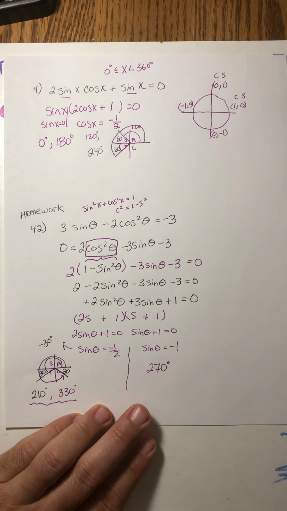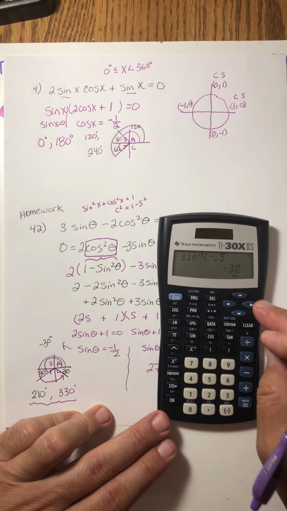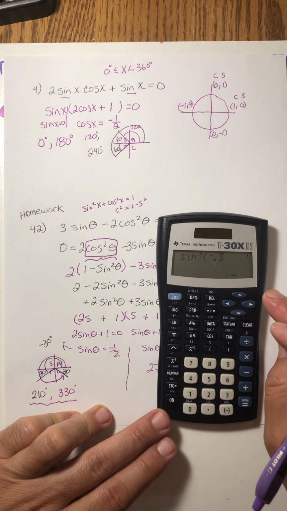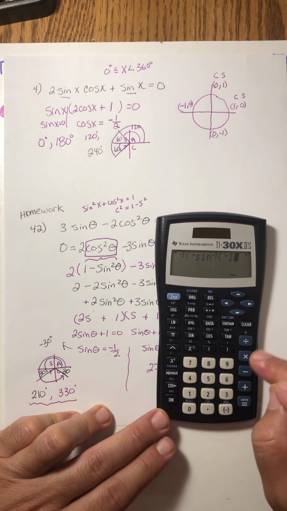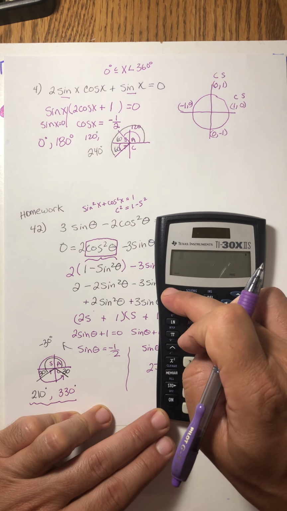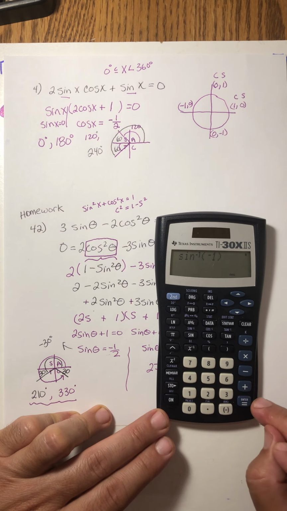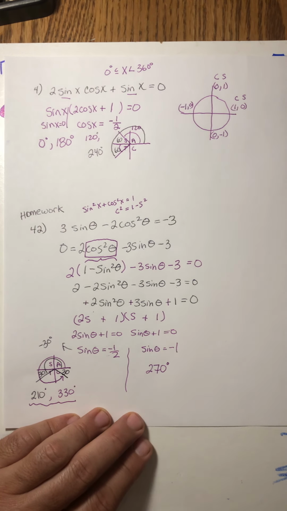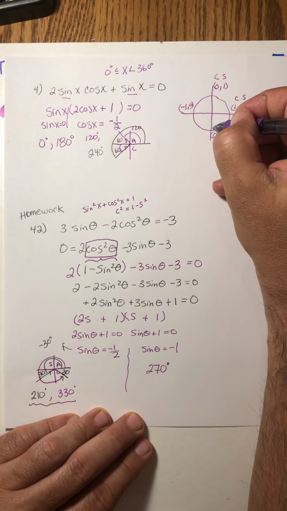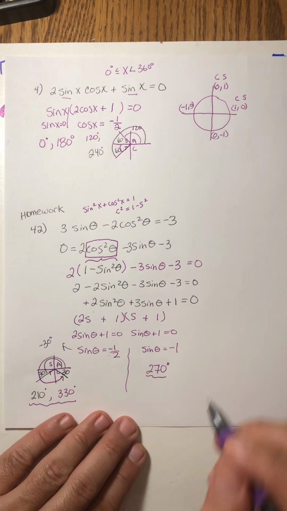And if you type that into the calculator, it would say negative 90. Well, negative 90 means we go backwards, so it puts us at positive 270. So we have our answers.